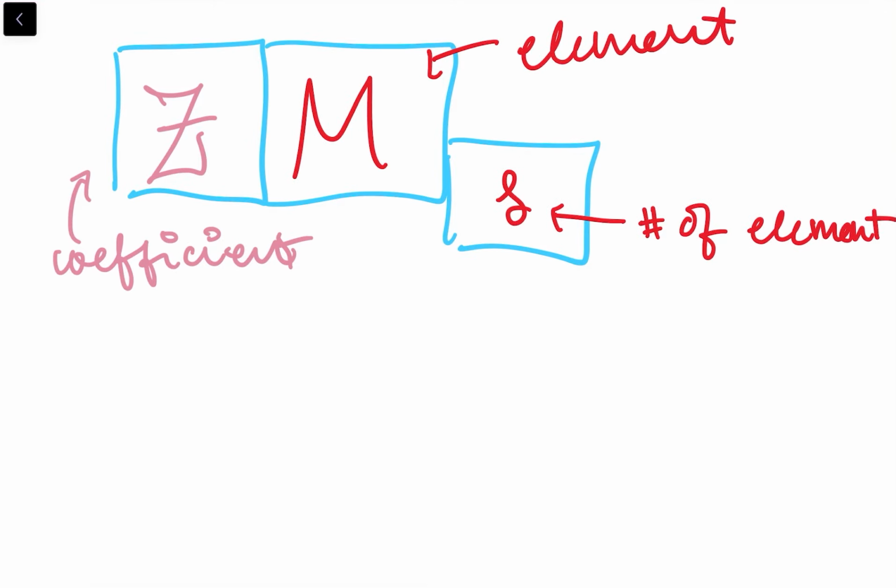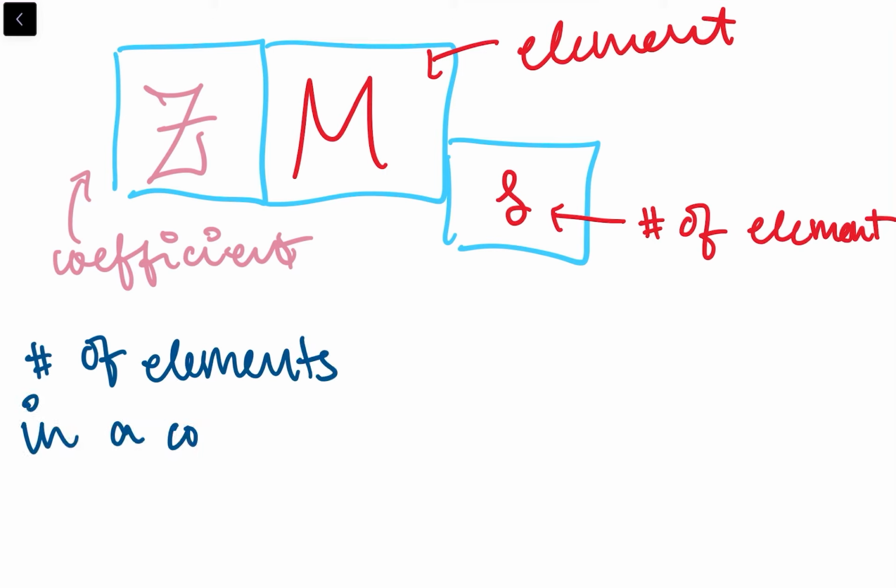Now, in order to get the number of elements in a compound, we can create a very simple formula. You don't need to memorize this because it's basically common sense. In order to get the number of elements in a compound, we simply multiply the coefficient times the subscript. So Z times S. That will give you the number of elements in a compound.